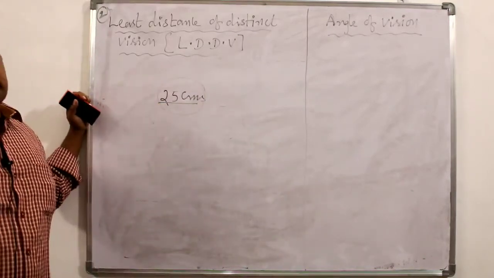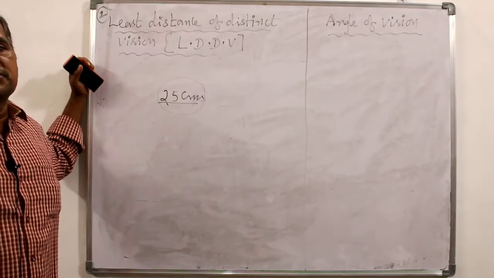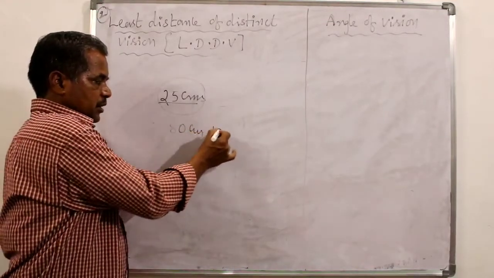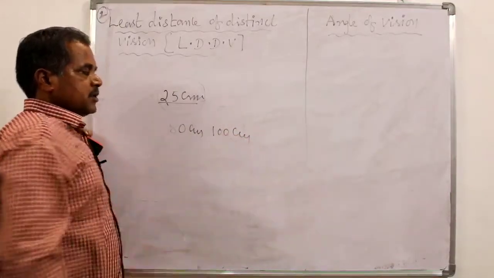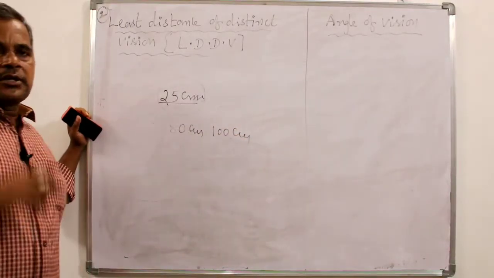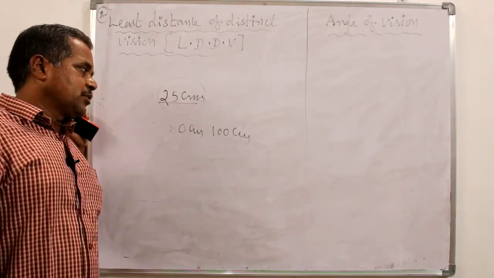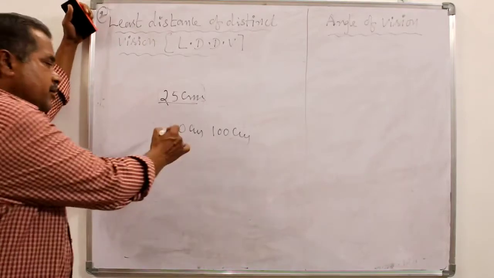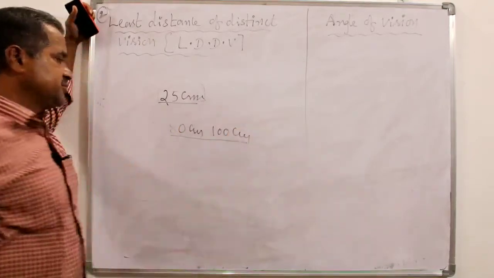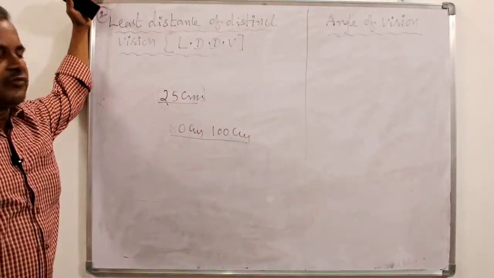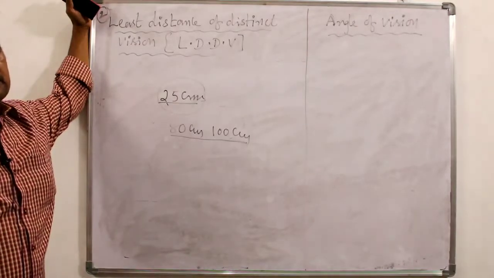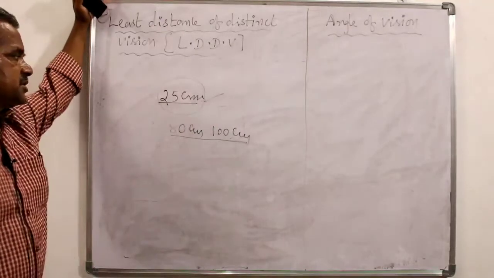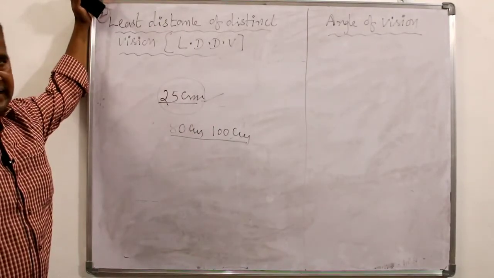And for aged persons, it is nearly 80 to 100 centimeters, because the nerves located around their eyes are not flexible and are weak due to their age, so the value is increased for aged people. For any healthy human being, the least distance of distinct vision is 25 centimeters.